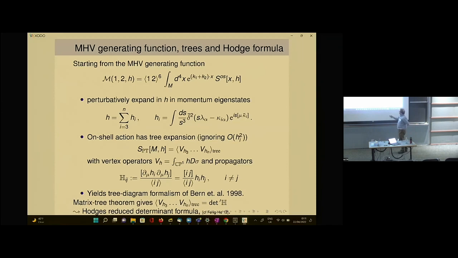And so it yields their tree diagram formalism, and it yields the matrix tree theorem, then it yields the reduced determinant that Andrew Hodges discovered.